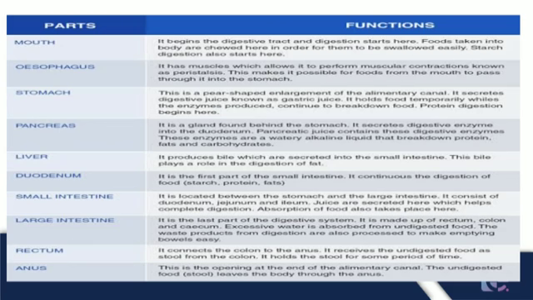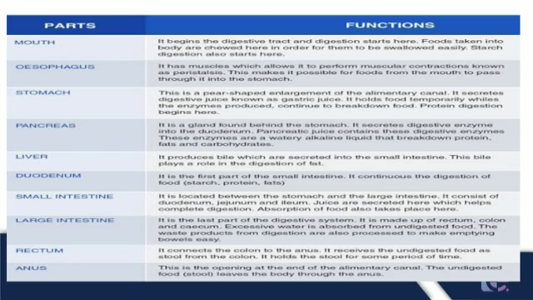Protein digestion begins here. Next is the pancreas. It is a gland found behind the stomach, and it also secretes digestive enzymes, as we have seen in the previous slide. The pancreatic juice contains digestive enzymes, and they help in the breakdown of protein, fats and carbohydrates.